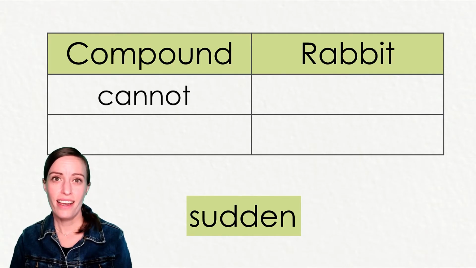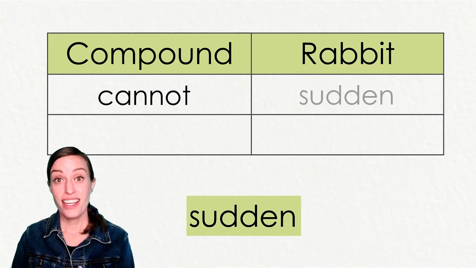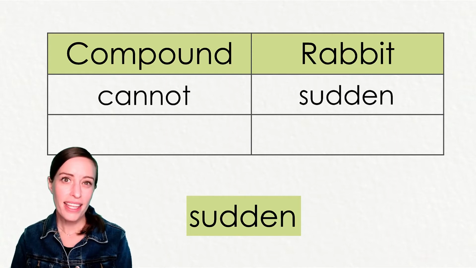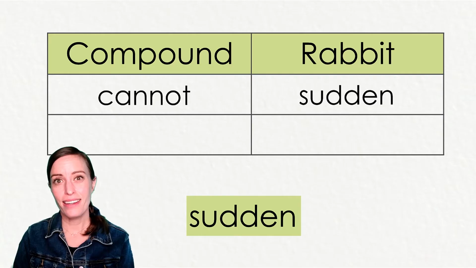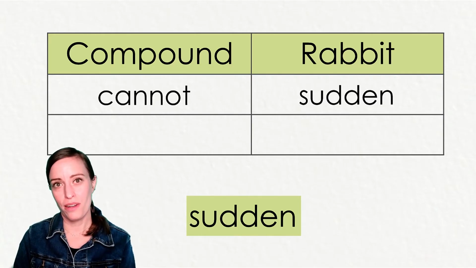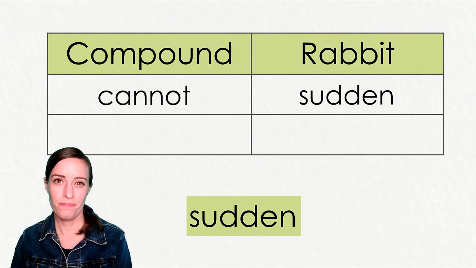Is sudden a compound word or a rabbit word? Sudden is a rabbit word. If we break that word into syllables, sud, den, we hear that each syllable is not a word on its own, but it's still made up of two closed syllables.